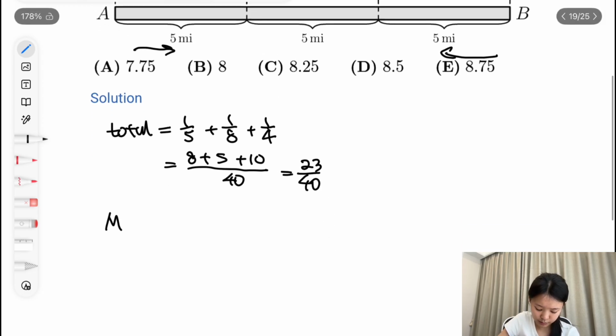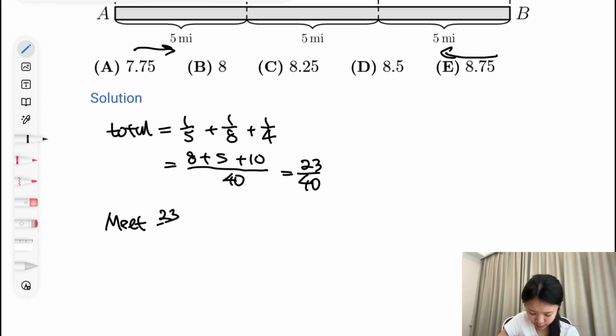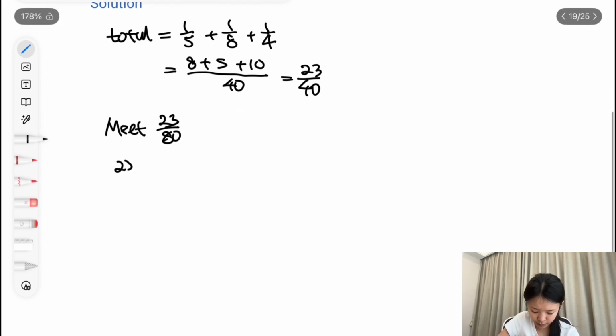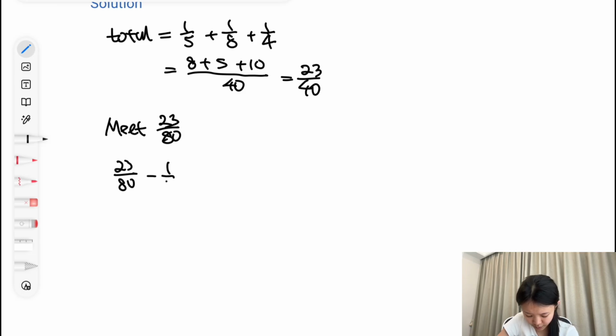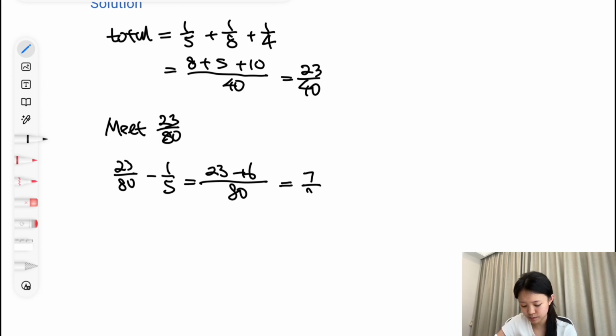So they meet at the time when it is 23 divided by 80, and then 23 divided by 80 minus 1/5 equals 23 minus 16 divided by 80, which is 7/80.